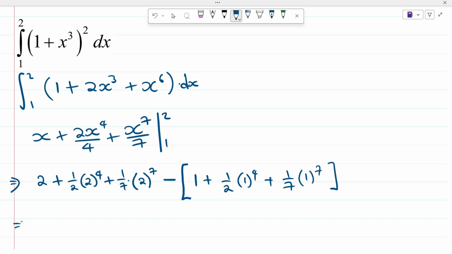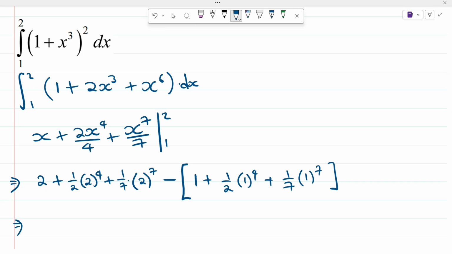Then you use your calculator. Let me press quickly. This is going to be 2 plus 1 over 2 multiplied by 2 to the power of 4 plus 1 over 7 multiplied by 2 to the power of 7, minus 1 plus 0.5 plus 1 over 7.